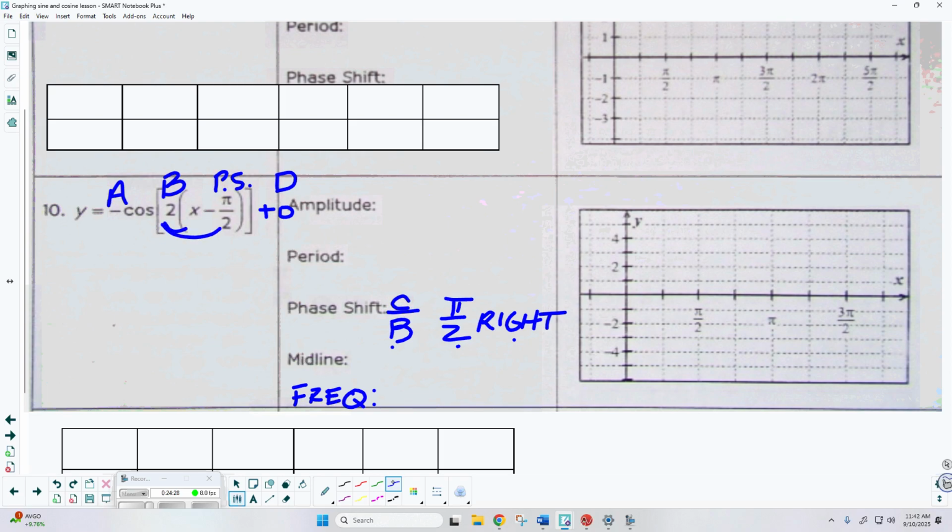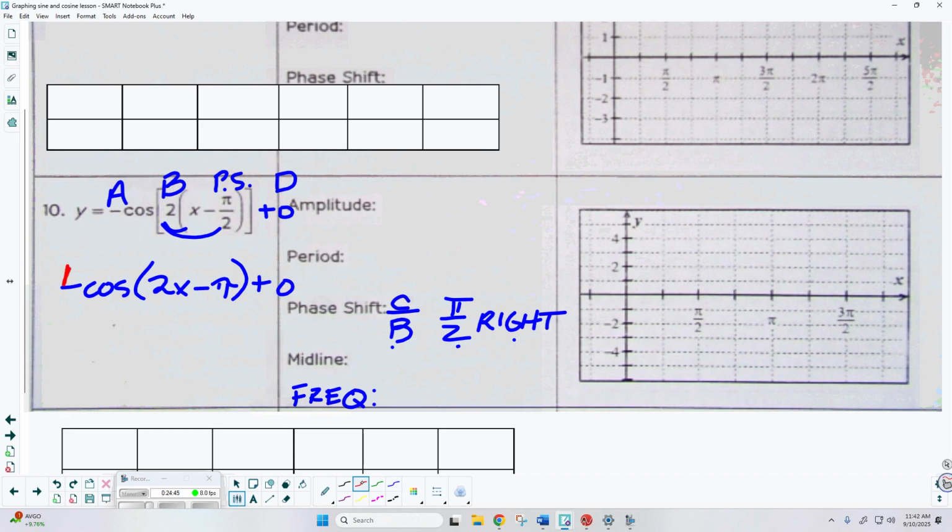Now, if I actually wanted to know what C looks like, well, then I would just take that 2 and distribute. So this would be negative cosine of 2x minus pi. That's a horrible 2. I can do better. Because see, 2 times pi over 2, the 2's cancel. And then I'll go ahead and still put the plus 0 there.